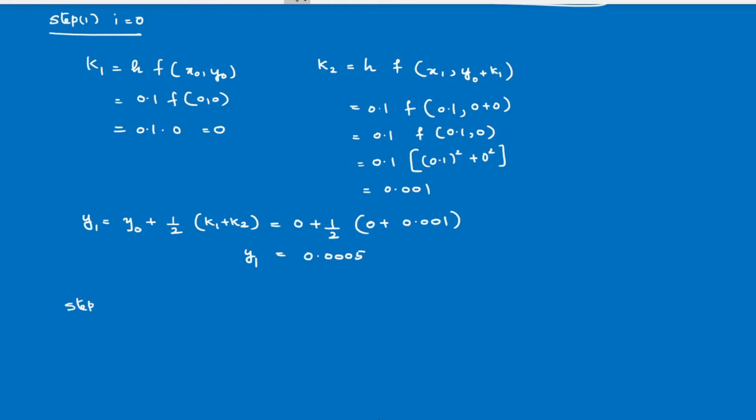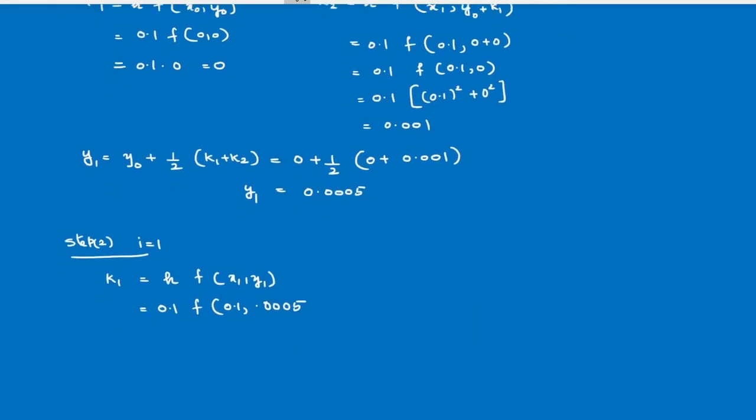Now we will move on to step 2. For step 2, i is equal to 1. We will start with K1. K1 is equal to h into f of xi, yi, that is f of x1 comma y1, which is equal to h, 0.1, and f of x1. X1 we have already calculated as 0.1 and y1 we have already calculated as 0.0005.